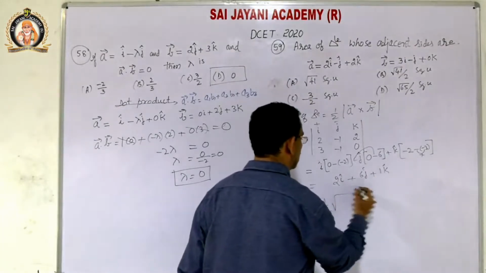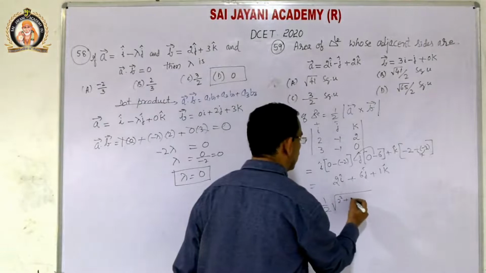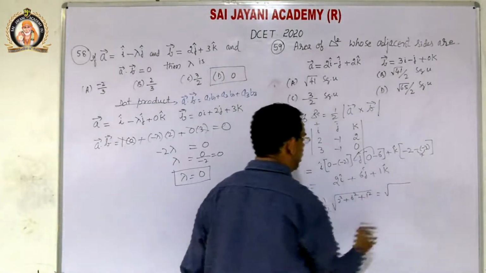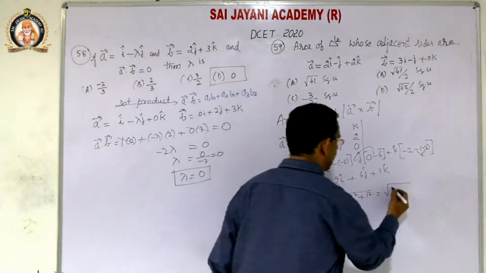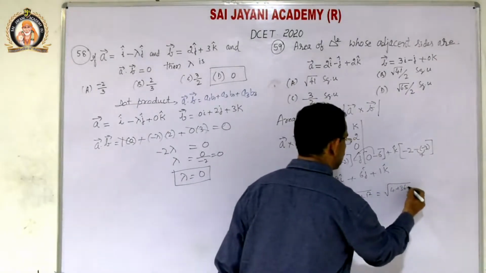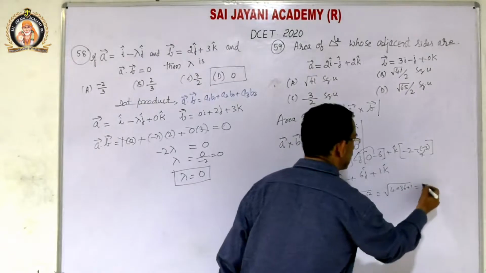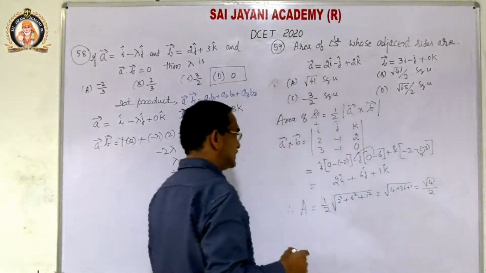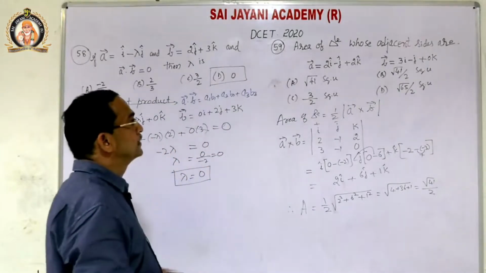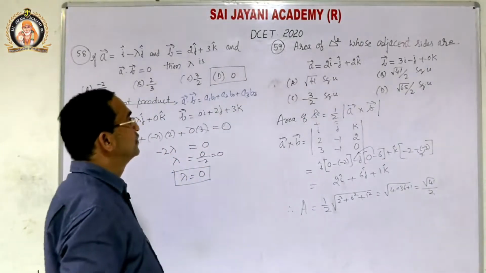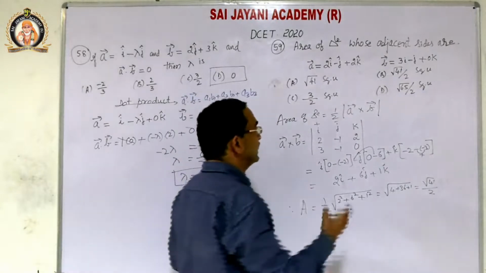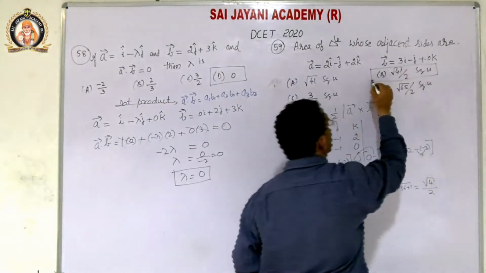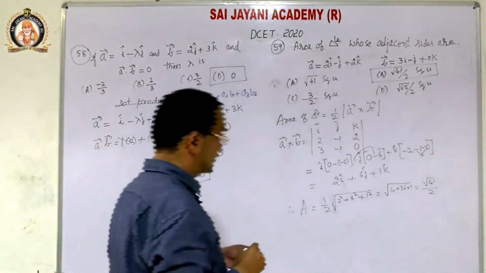That is square root of 2 square plus 6 square plus 1 square, that is square root of 4 plus 36 plus 1, that is 37 plus 4, root 41, divided by 2. Now we check which is the right answer among those given. According to this, B is the right answer for this problem.